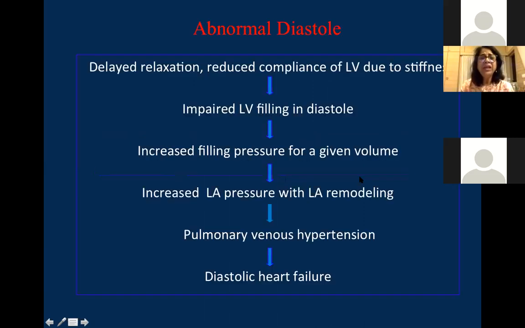However, when there is impaired relaxation or reduced compliance of the LV due to stiffness, due to various diseases involving the myocardium, there will be impairment of the LV filling in diastole, and that will increase the LV filling pressure for a given volume, resulting in increased LA pressure with LA remodeling, which will result in pulmonary venous hypertension, and the patient develops shortness of breath and goes into diastolic heart failure.